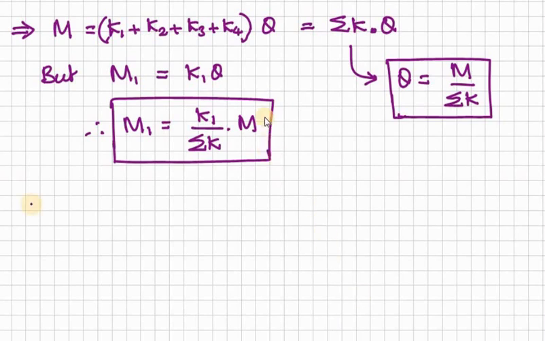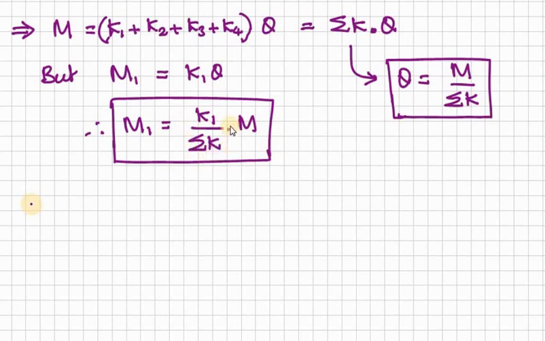So here this M is the moment applied at the joint, but M1 is the moment distributed to the beam OA. How much amount is distributed? This is the percentage or distribution factor. This is the whole moment, so this is some fraction of the whole moment that will be distributed to OA.